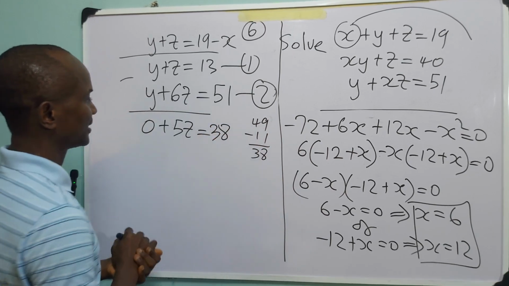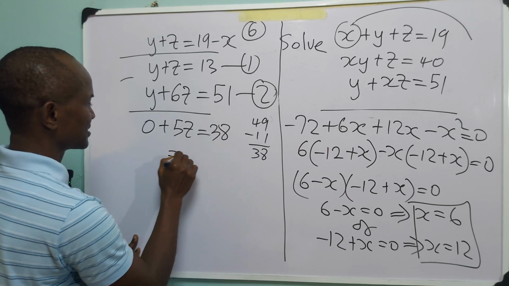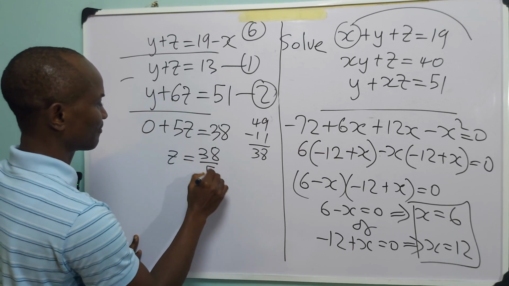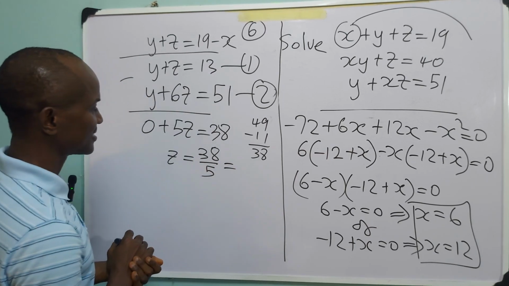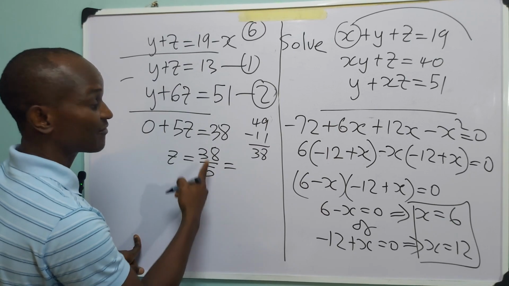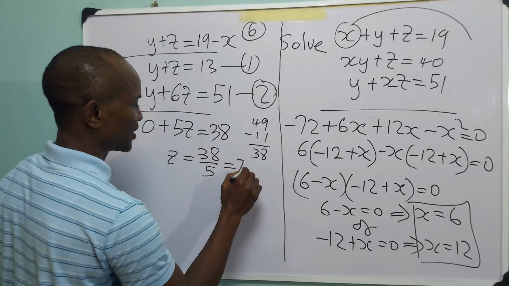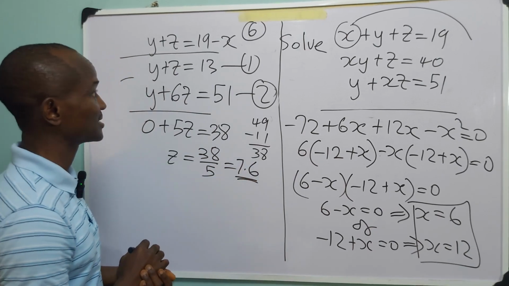So we have 38 here. Very good. To give us that z is equal to 38 over 5. This is equal to 7.6. So we have that z is equal to 7.6.